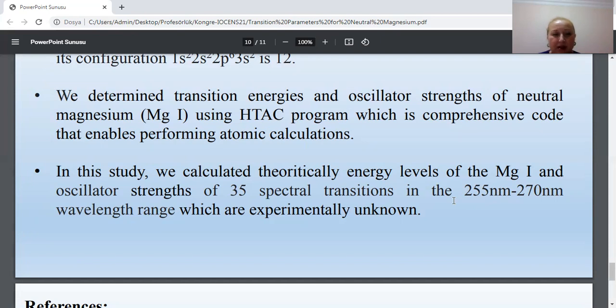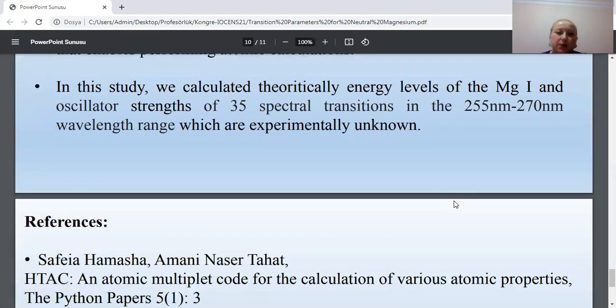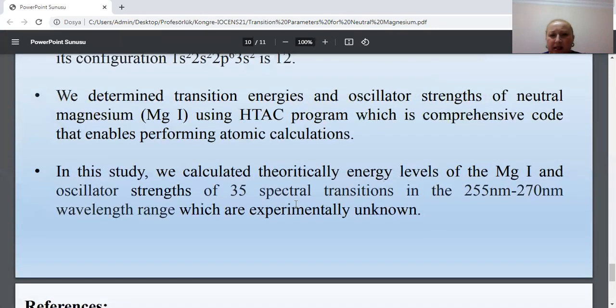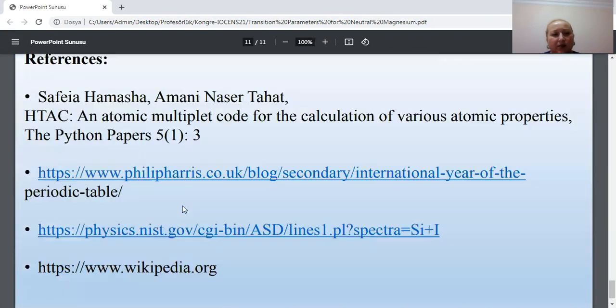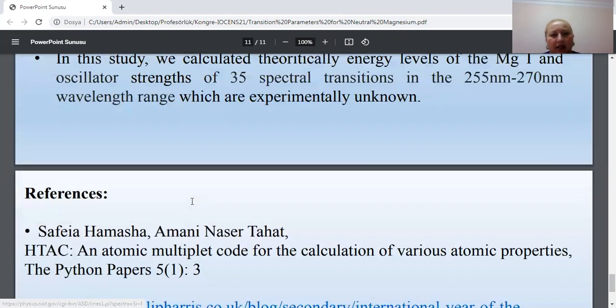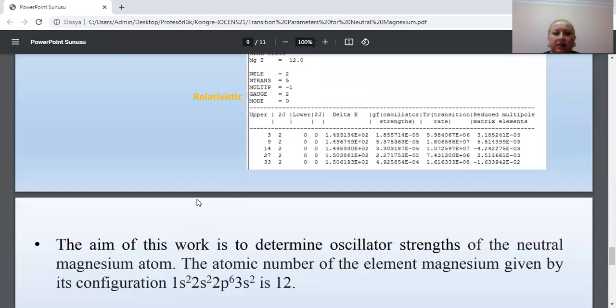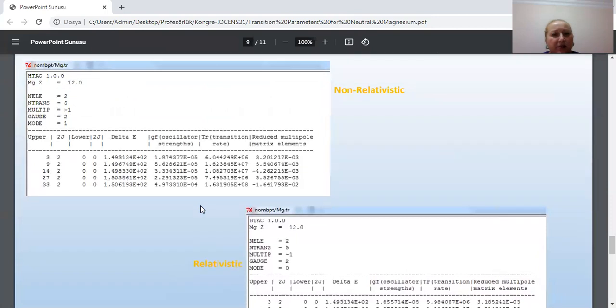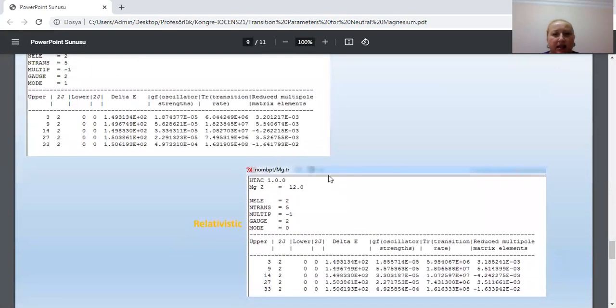So this is the first time. We can compare this for the theoretical part with different methods. You can see the references on this slide, and maybe you can see the result again and compare.